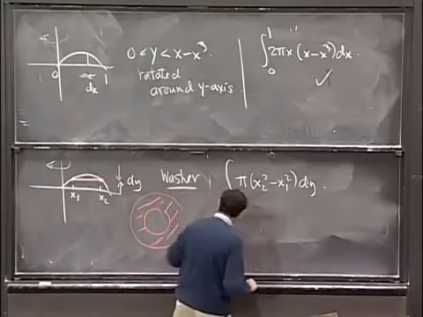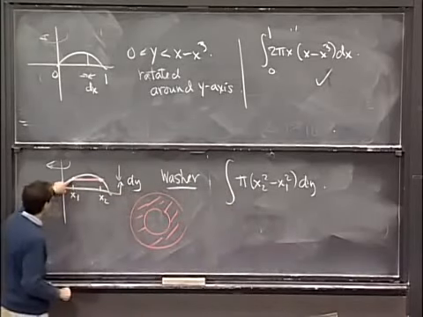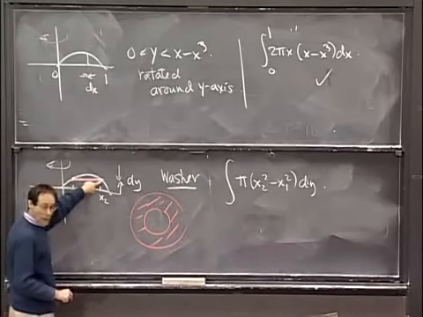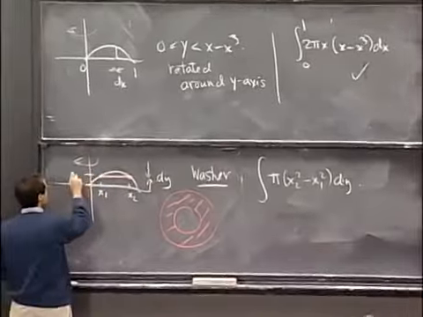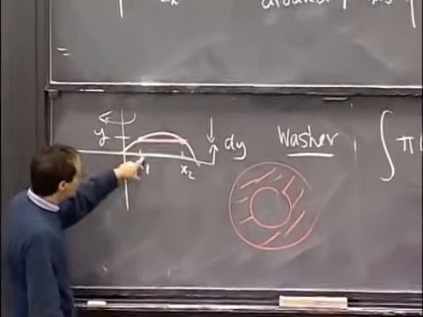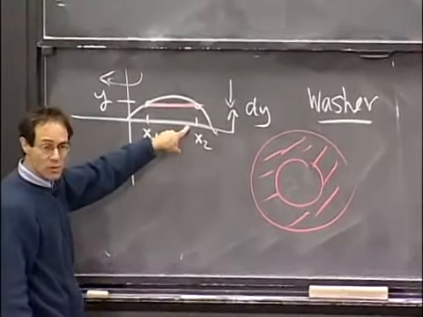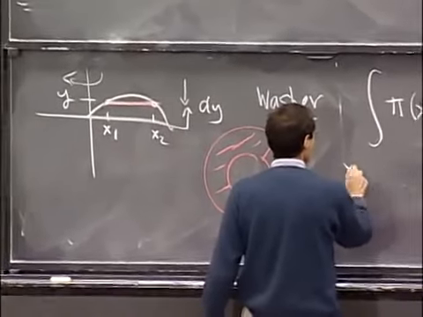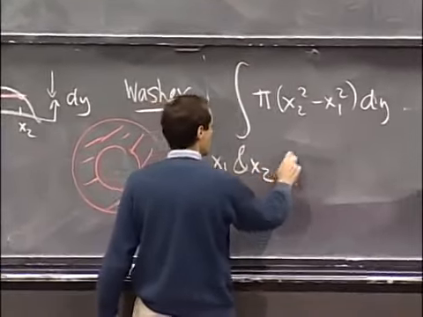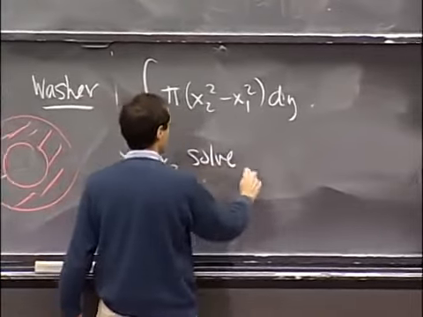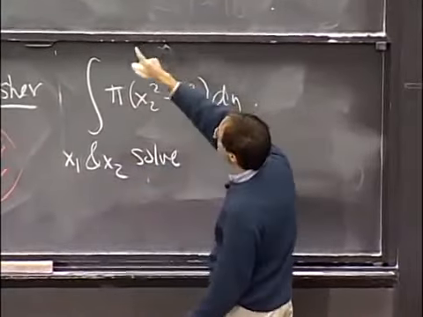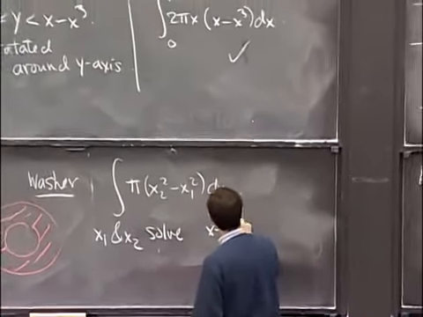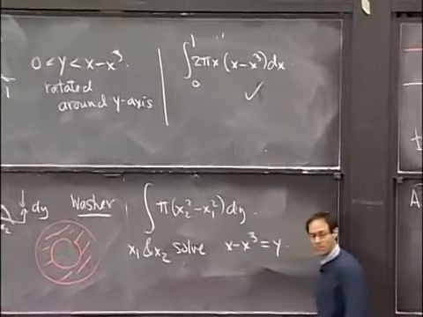If you try to figure out what these values x1 and x2 are, that corresponds to solving for x1 and x2 in terms of y. So that's the following equation. x1 and x2 solve the equation that the curve x minus x cubed is equal to y.